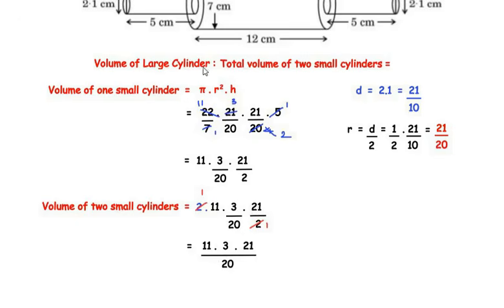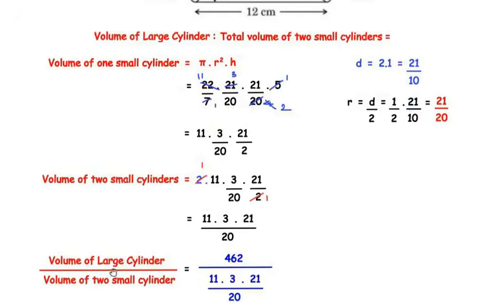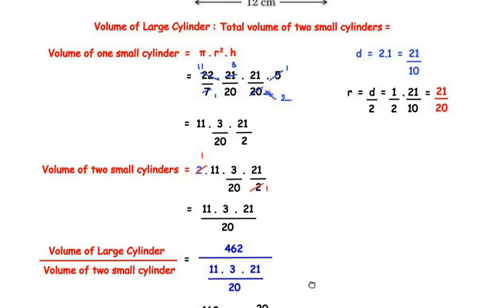Now since we need to find out the ratio, we can write the ratio as a fraction as well. So we have the volume of the large cylinder over the total volume of two small cylinders, equal to, now we had got the volume of the large cylinder as 462, divided by the total volume of two cylinders, which is 11 times 3 times 21 over 20.